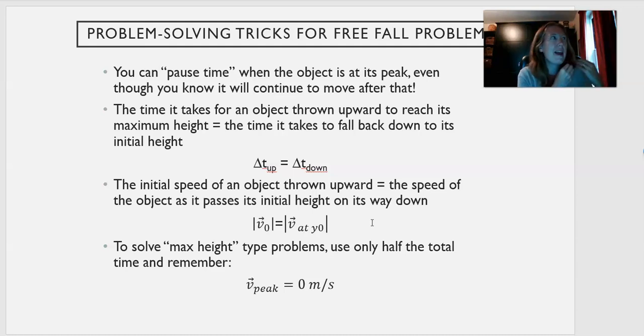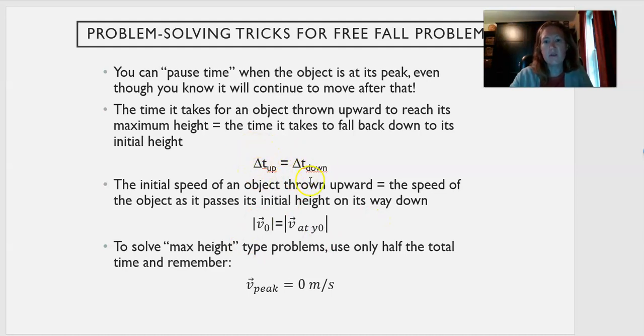You know that happens when exactly half the time has gone by. If we're talking about something that you tossed up into the air and then came back to your hand, that is a symmetric function, and it reached its peak height at exactly half the time that it took for it to go up and come back down.